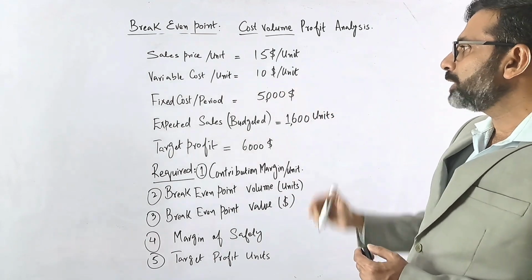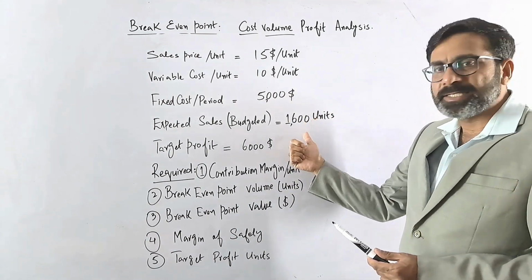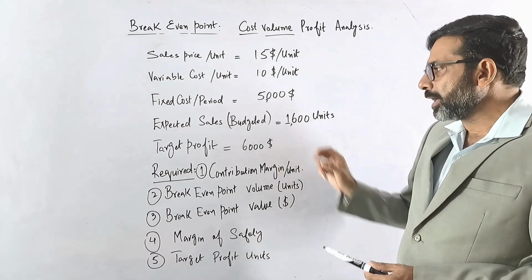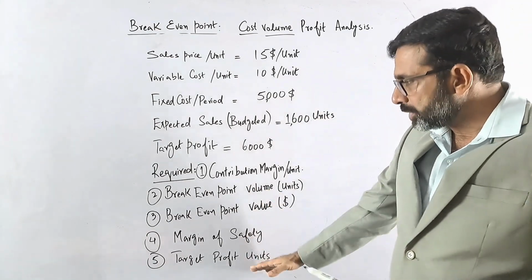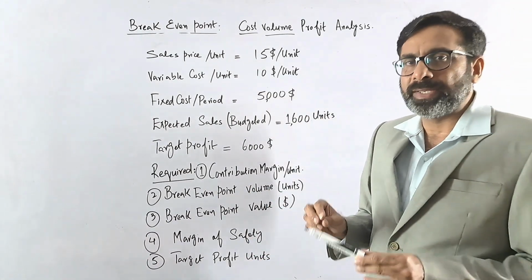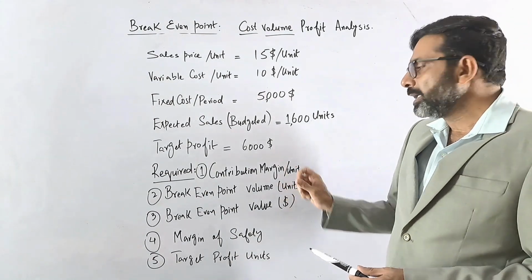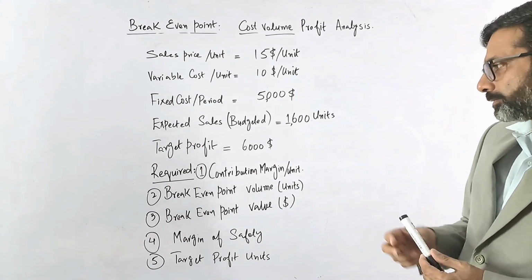So this is the information given in the question: the sale price per unit, the variable cost per unit, the fixed cost, the expected sales or budgeted sales for the next period, and the target profit. What is required now? We have almost 5 requirements. The very first thing is the contribution margin per unit.